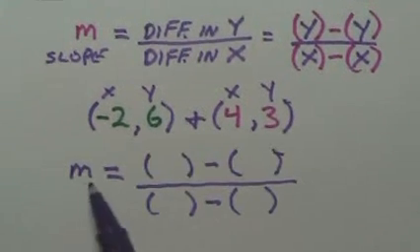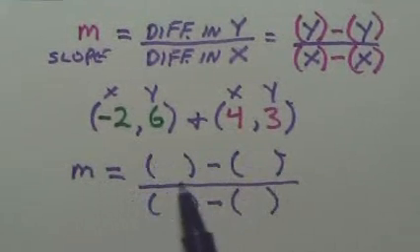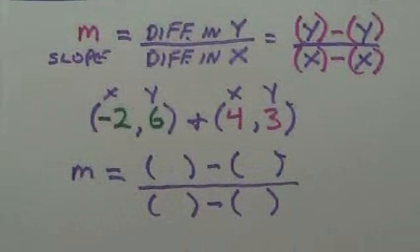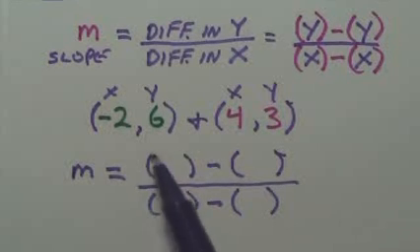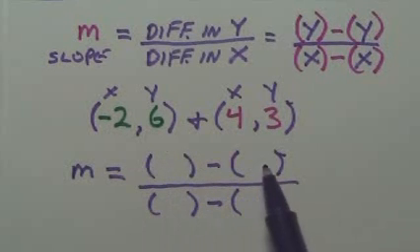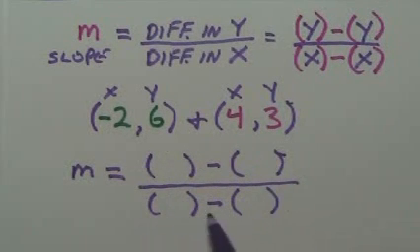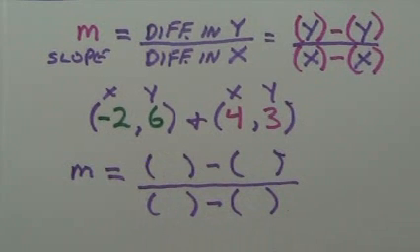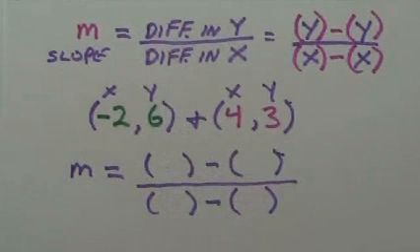Now it helps whenever you're finding the slope to make a skeleton, where we have parentheses minus another parentheses, over parentheses minus another parentheses. All we're going to do now is fill in the numbers.